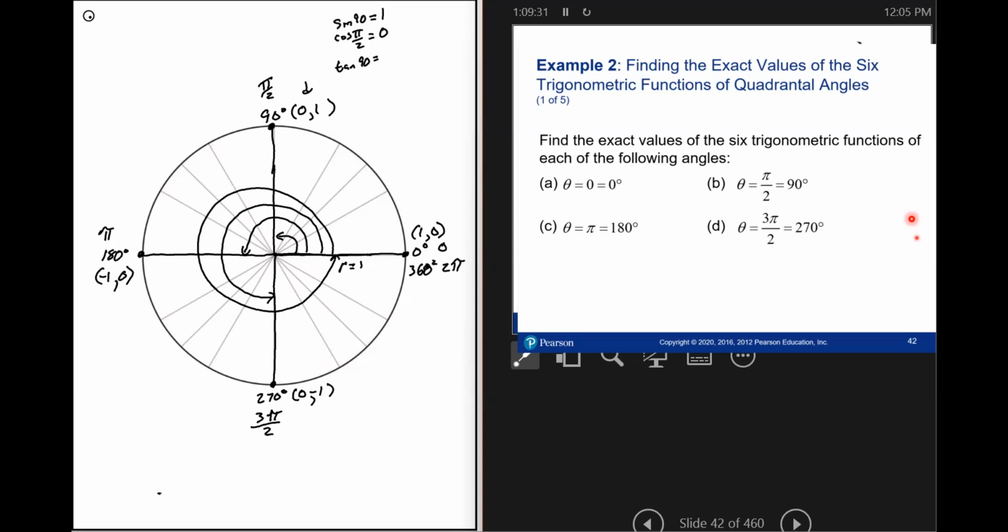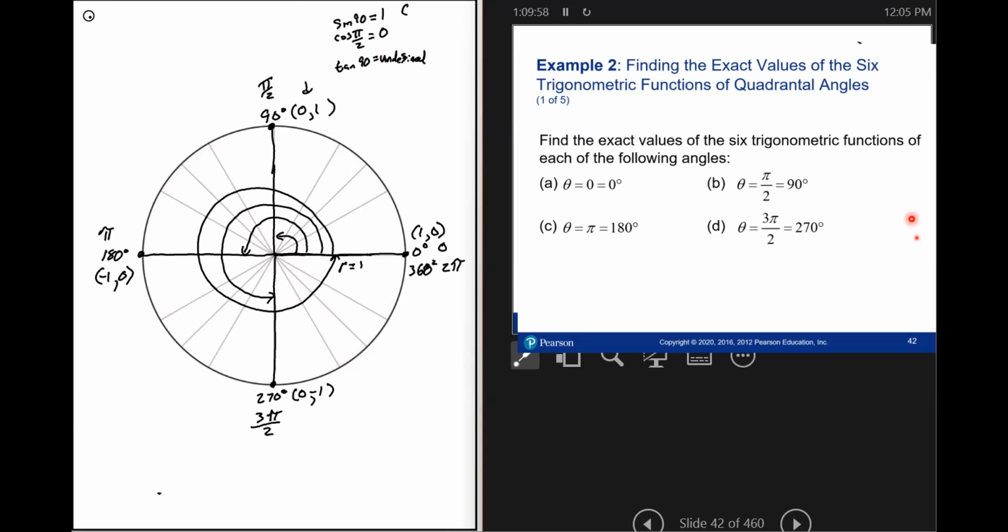What's 1 over 0? What happens when you divide by 0? Do we get a number? Is it undefined? Undefined. Or UNDF.